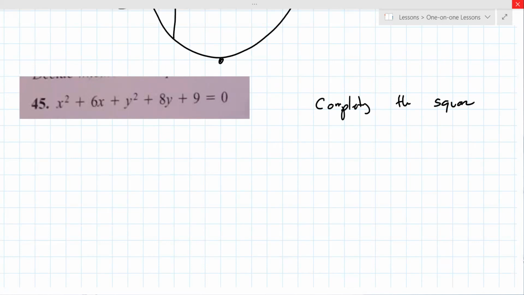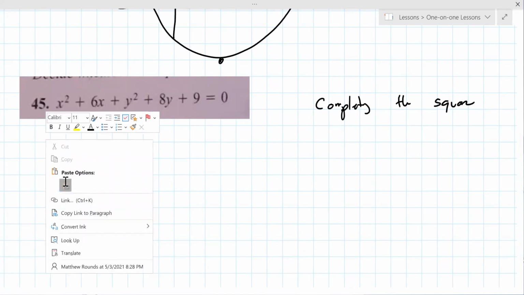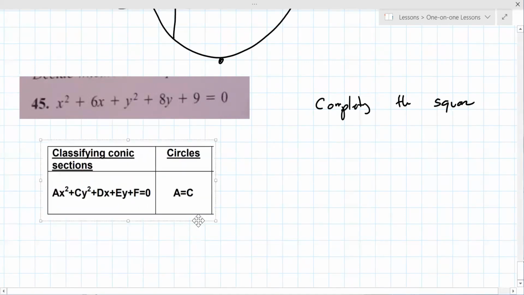All right. So there's this classifying conic sections. I don't know if your instructor showed you this or allows you to do this. So if the number in front of X equals the number in front of Y, it's a circle. Do you remember seeing that in class? I don't remember this. This is like a cheat, a shortcut. You're not supposed to do it this way.